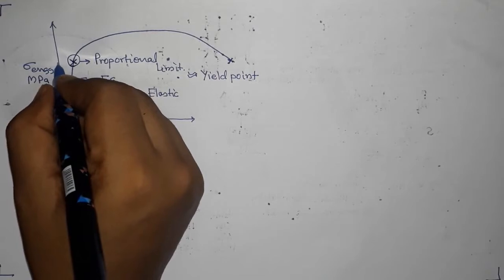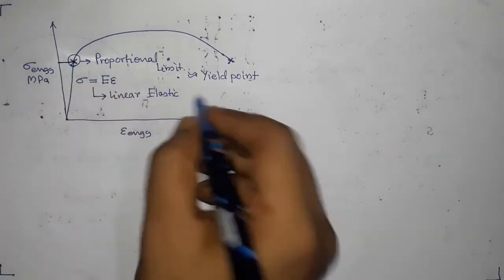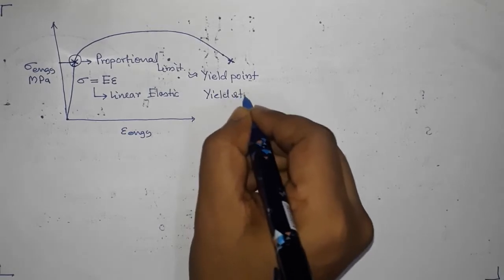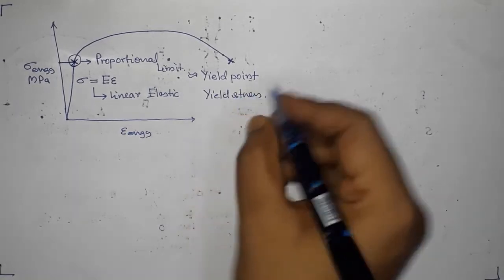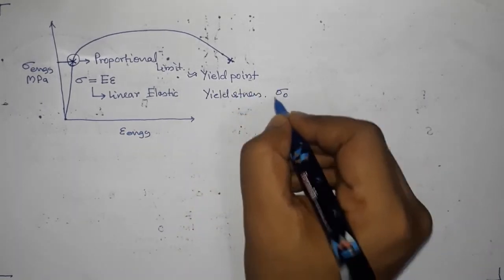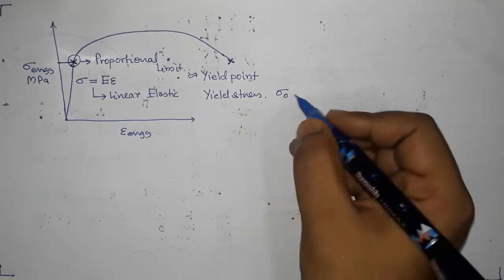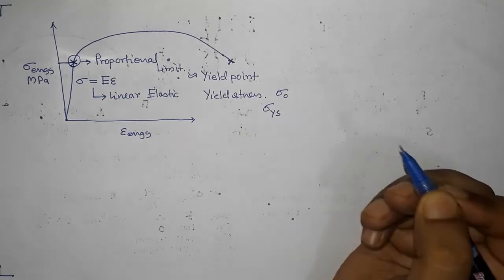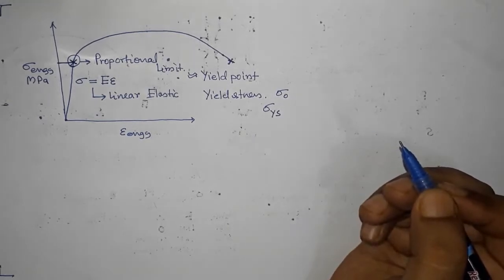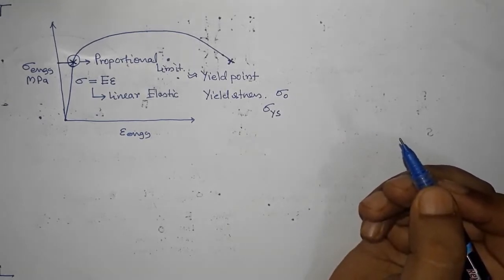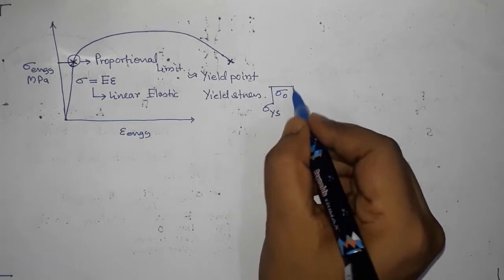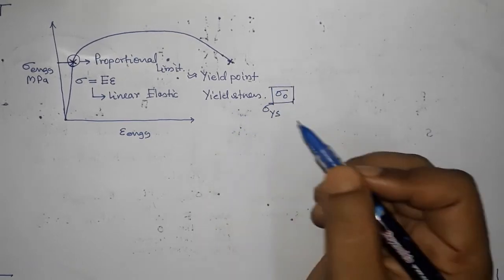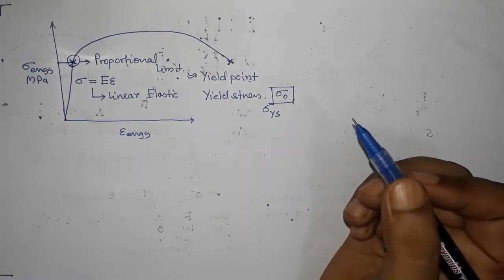Okay, so the value of stress here is called the yield stress, which is denoted by sigma with a subscript of naught. In some textbooks or literature you can find sigma ys written. Okay, but usually this is the symbol which is used for yield strength or yield stress.